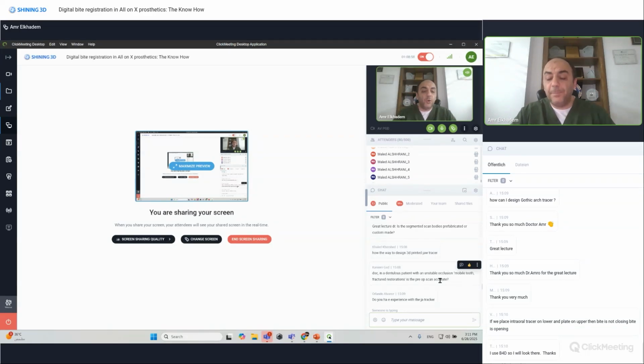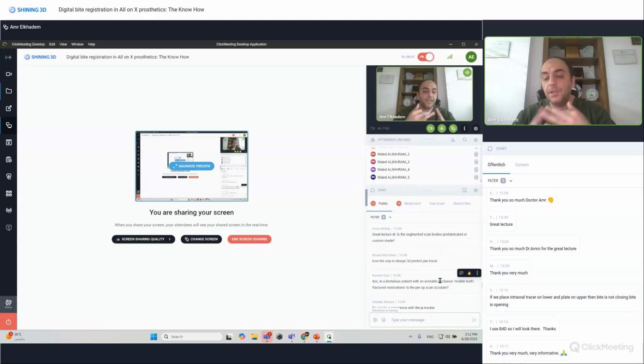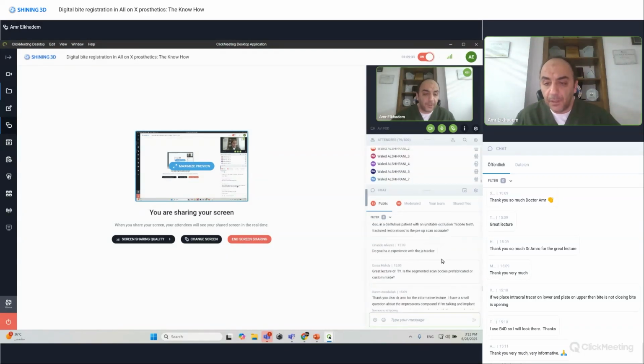Either you do what we call deprogramming, you put a small deprogrammer like the one I showed you, and you adjust this, you get the new centric relation, probably at a slightly higher vertical dimension, and then you record the radius using a face bow or a face scan, and then you can create the centric from this. Or you just pull them out and then you start scanning the jaw relationship with the final implants after you finish. But if the existing teeth are mobile and the centric is not good, don't use it as a preoperative record because it will corrupt everything.